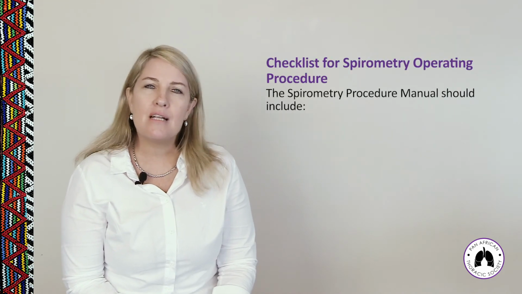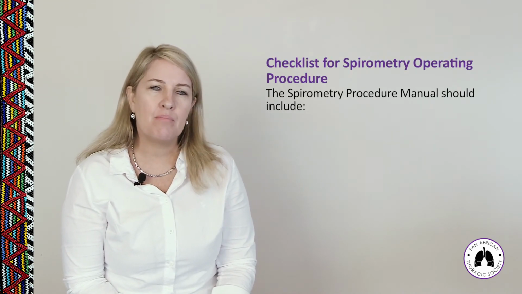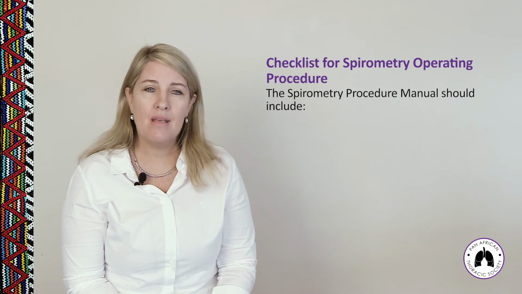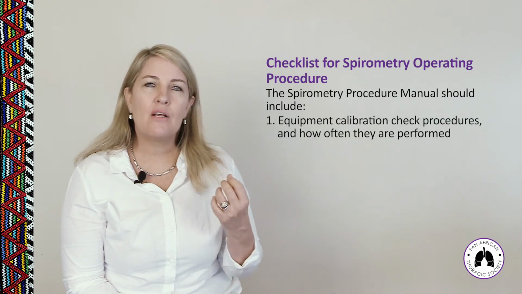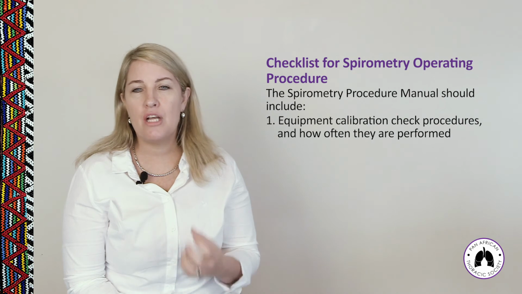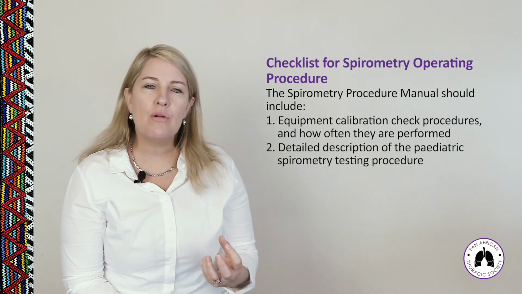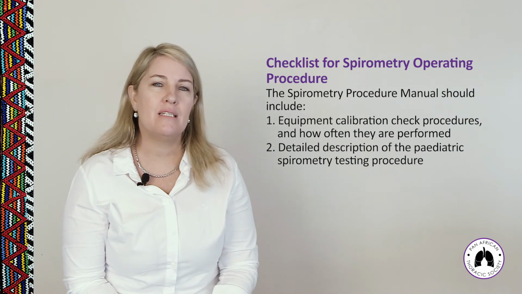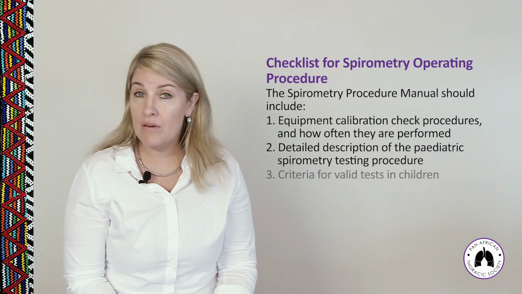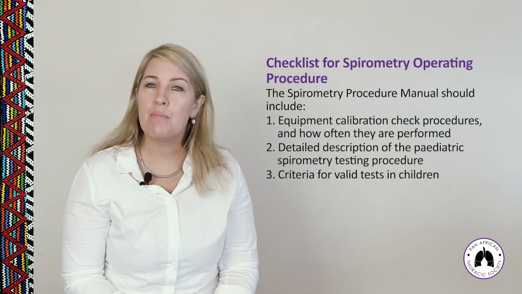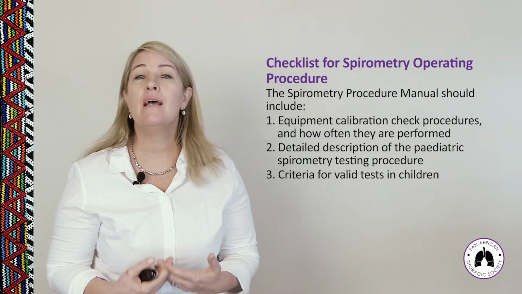So some of the things that you would put into a standard operating procedure include these: how you would conduct an equipment and calibration check procedure, how often you should do it, detailed descriptions of the pediatric spirometry testing procedure, criteria for test validity, that is acceptability, usability, and repeatability.